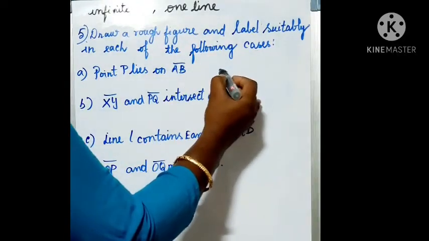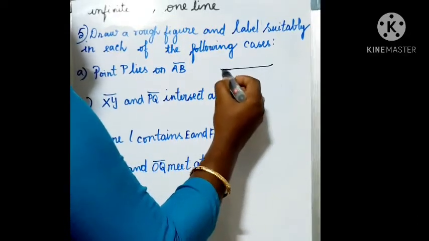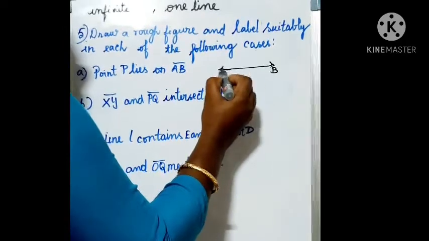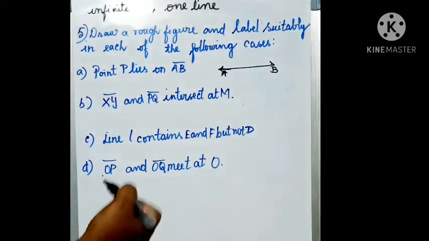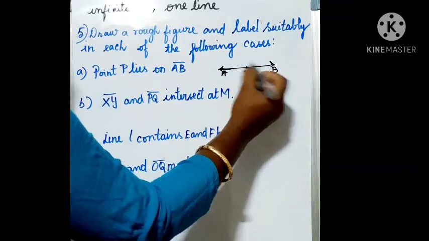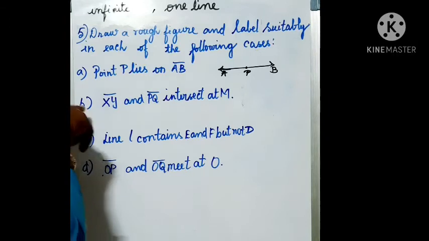First you draw the line segment, keep a dot, draw a line segment. This is A and this is B. So this is line segment AB, and in that the point P lies. Is it clear?